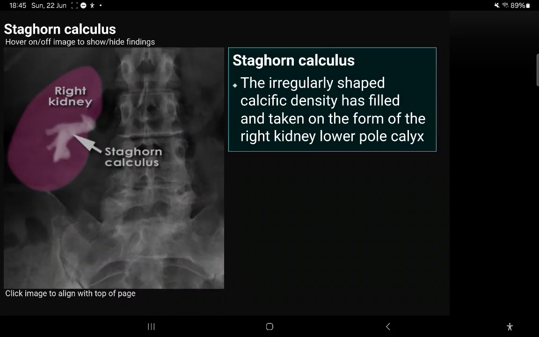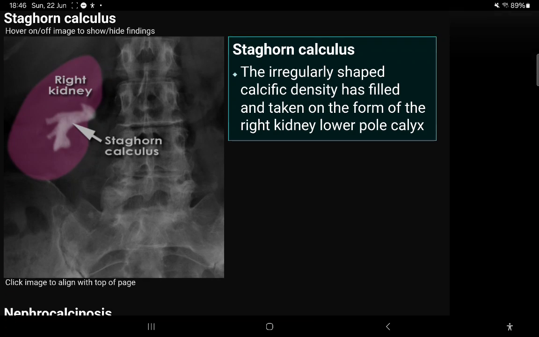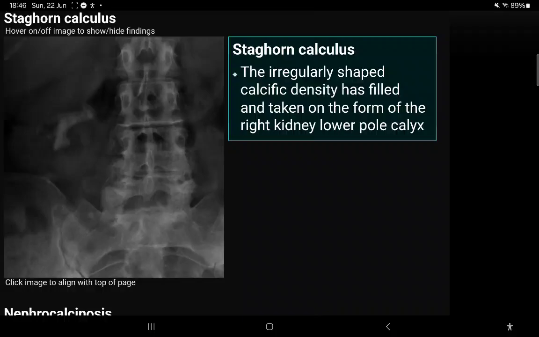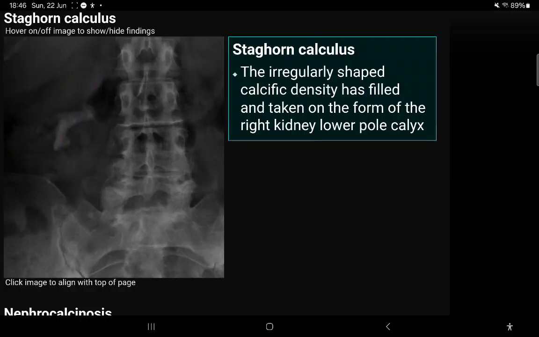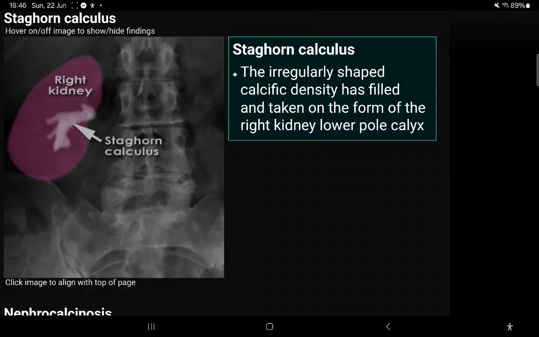The irregularly shaped calcific density has filled and taken on the form of the right kidney lower pole calyx. This is staghorn calculus within the renal pelvis. Again, the annotation within the image: this is the right kidney, staghorn calculus, which fills the renal pelvis.